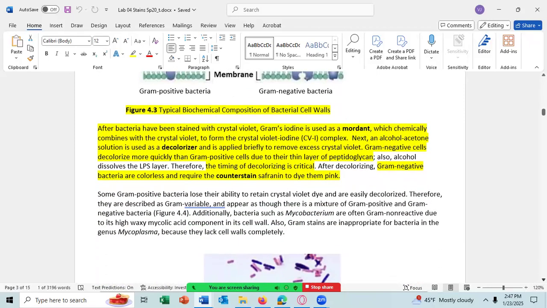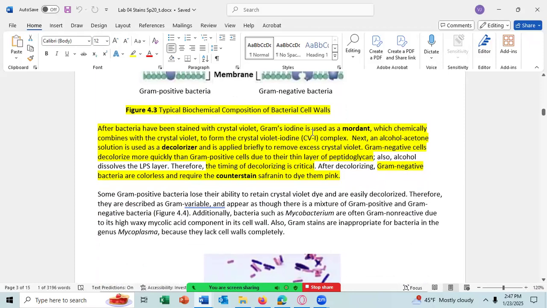All right. After bacteria have been stained with crystal violet, the Gram's iodine is used as a mordant in the Gram stain. A mordant is something that combines with the primary stain, and that's the crystal violet, to form the crystal violet iodine complex.